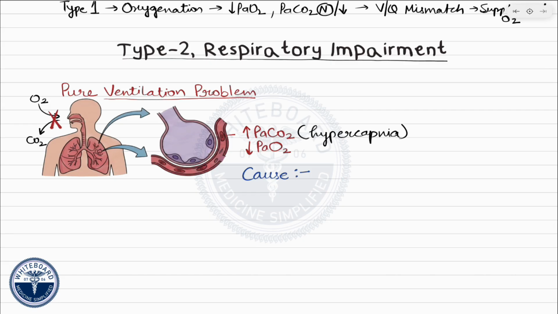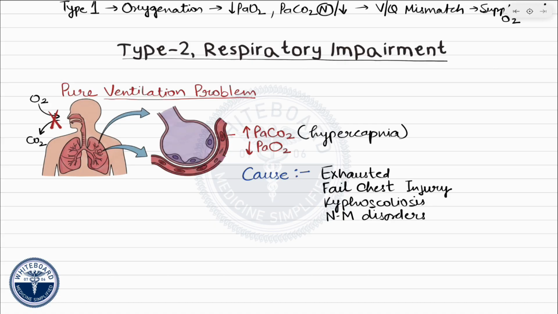There are several possibilities. For example, a patient may simply become exhausted after prolonged respiratory distress, so the respiratory muscles can no longer maintain adequate ventilation. In addition, flail chest injury, kyphoscoliosis, neuromuscular disorders, or an inhaled foreign body can interfere with effective breathing.